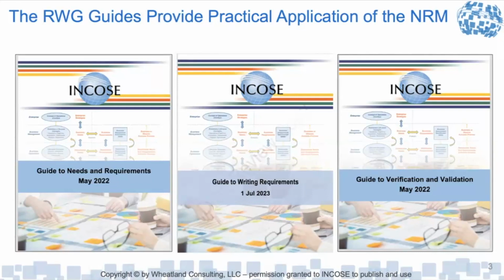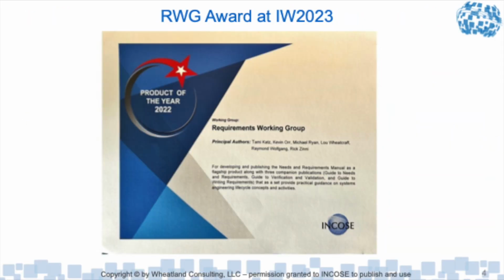If you have time, we really would like you to read through that and give us any last comments, and then we'll incorporate those soon at Tech Ops. The goal is for it to be released at IS at the same time the Systems Engineering Handbook version 5 is released. The Requirements Working Group awarded at IW 2023 the product of the year for all of our products. So that was a great honor for us.